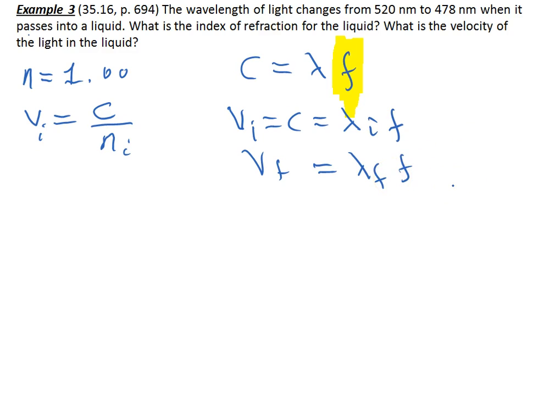So, expressing both of these in terms of frequency, I have the initial velocity divided by the wavelength is equal to f, and that is also equal to the final velocity divided by its corresponding wavelength. So I don't actually need to calculate the frequency.